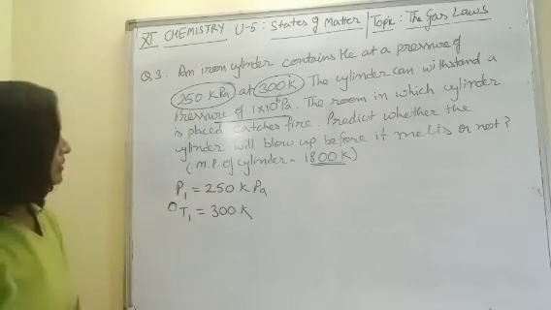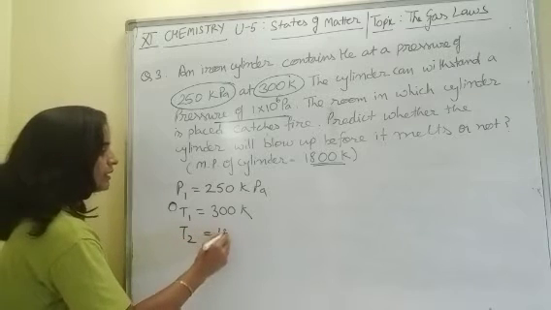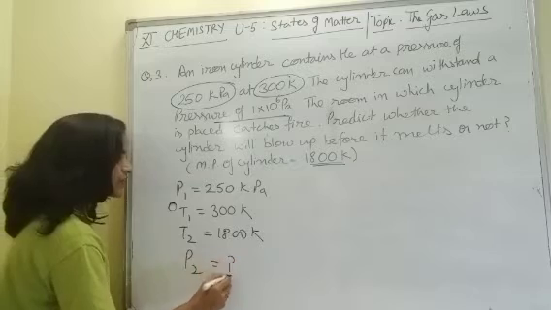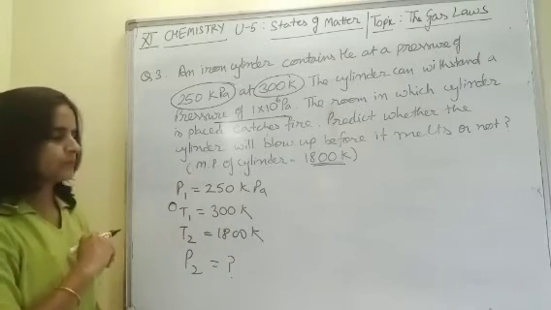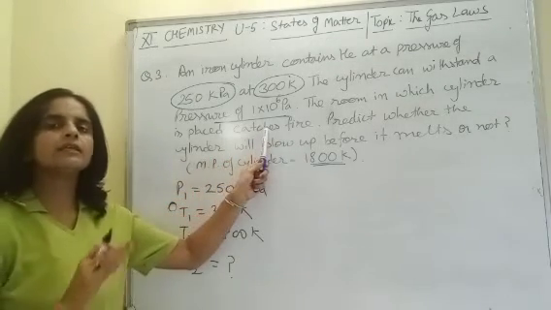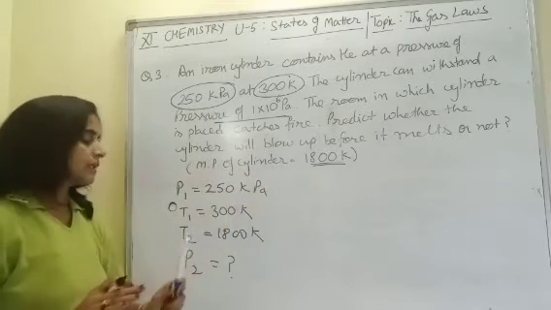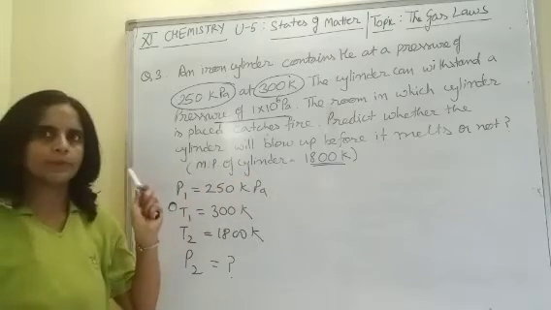Again given to you. So the final temperature T2 is 1800 Kelvin. We need to calculate the pressure at this temperature. If the value of pressure comes less than this pressure, the cylinder cannot blow up, right? But if the coming pressure would be more than this, then of course it will blow up.